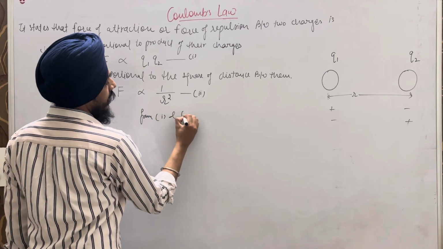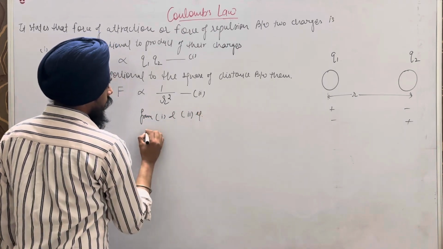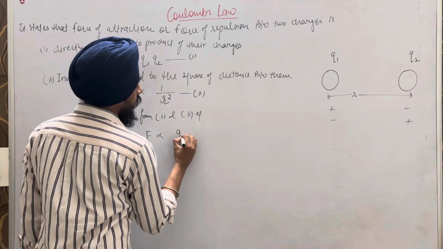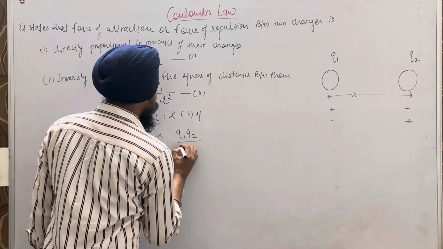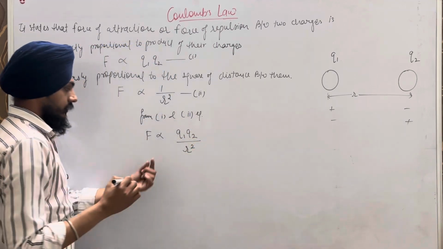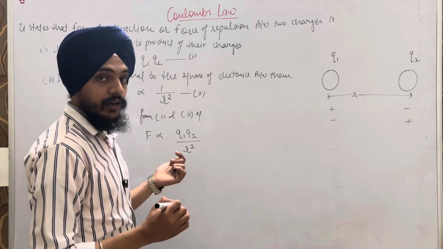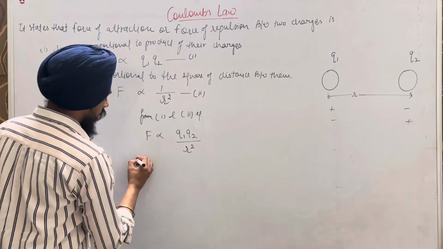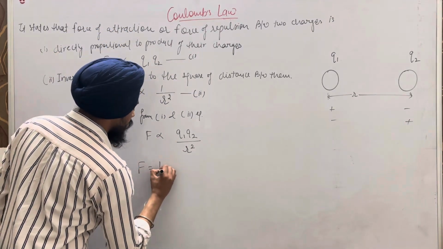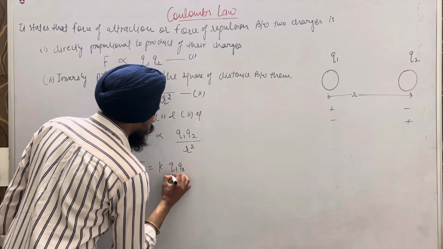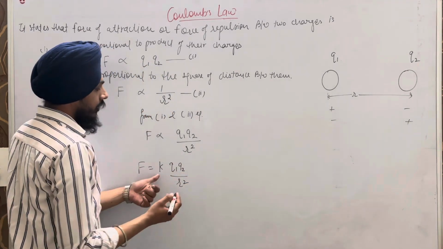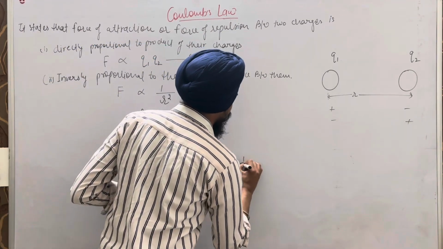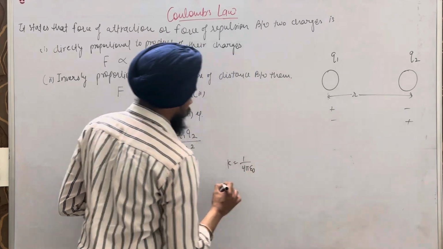From the first and second equation, if we combine both, F is proportional to Q1 Q2 by R square. This is the sign of proportionality. We can remove this and add a constant. So F equals K Q1 Q2 by R square, where the value of K is equal to 1 upon 4 pi epsilon naught.